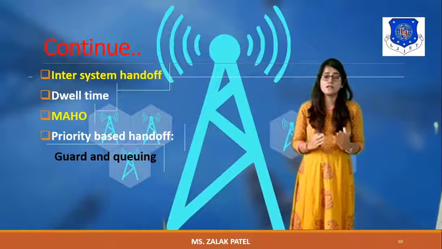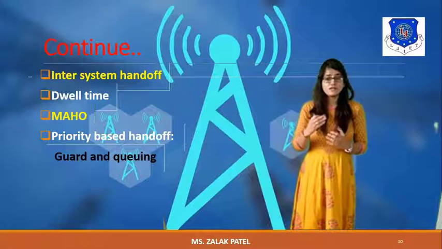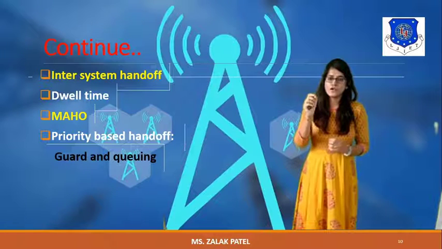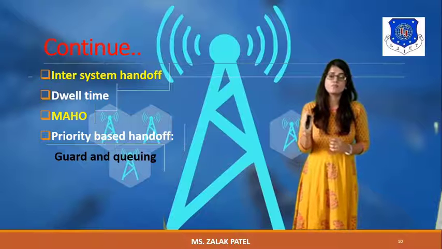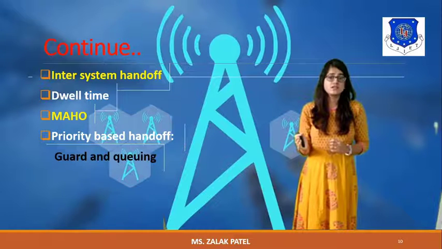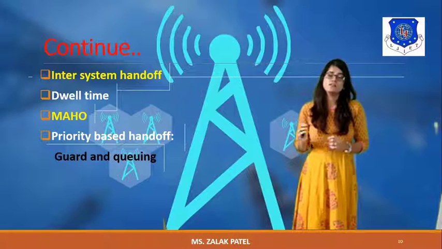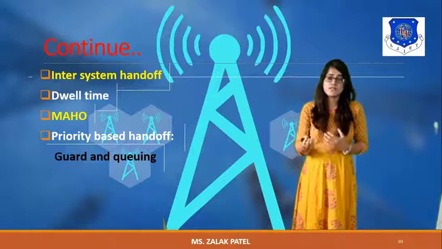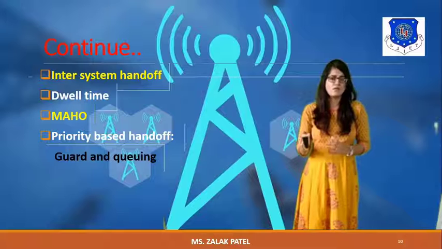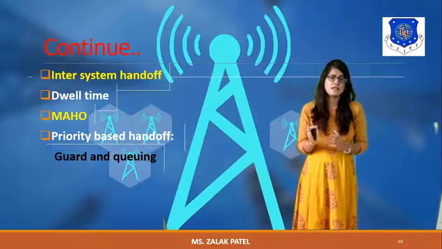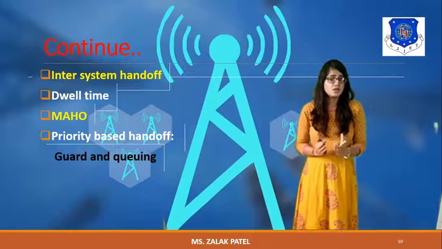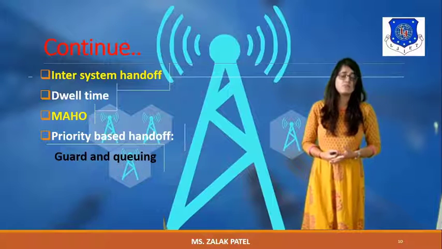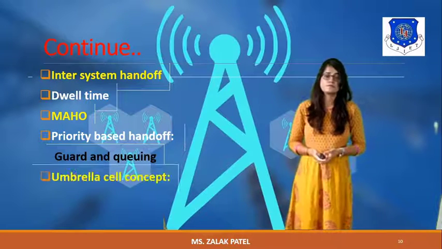In the case of queuing, the channels are queued in a particular sequence, so that one channel starts propagating the wave, then the second channel starts, and then the third. So in queuing, channel borrowing is not necessary, while in the guard channel concept it is necessary.